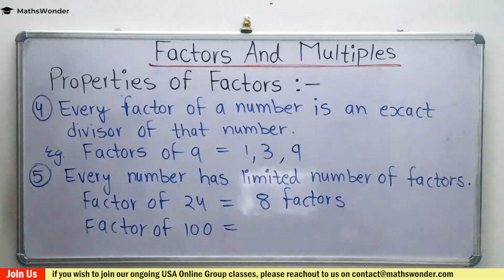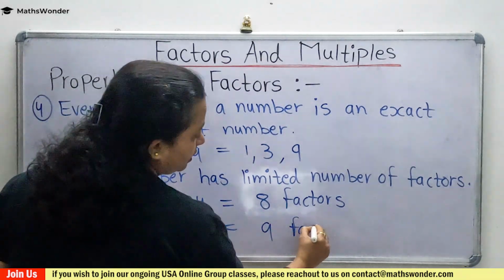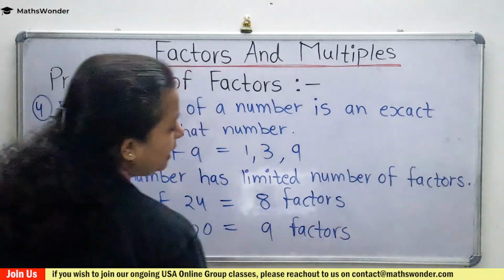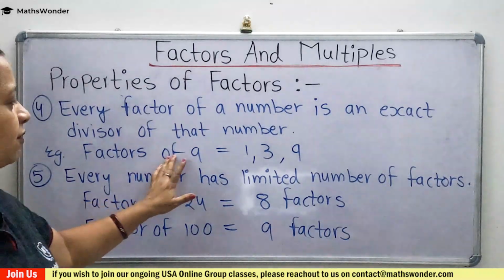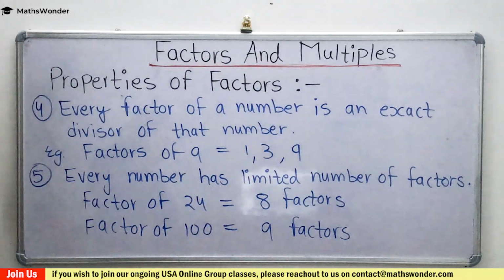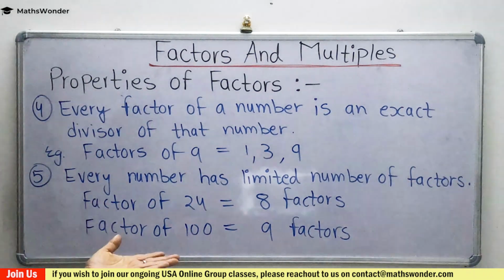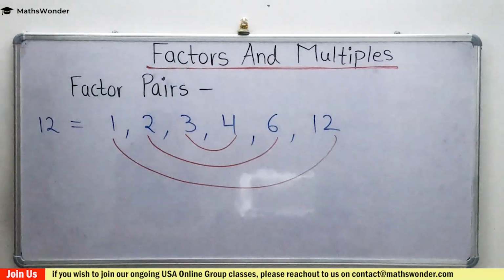So we have a limited number of factors. You can say countable. Whenever you find, suppose factors of 9, we have 3 factors: 1, 3 and 9. 12 has 6 factors. So we have a limited number of factors. There is a limit, right?